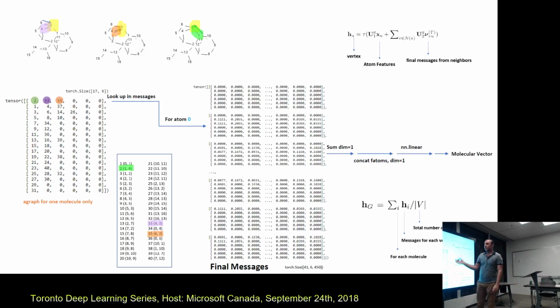Similar to the process we had before, we look up the values in the messages, same process, sum them up, concatenate, and they end up calling them molecular vectors. And in the junction tree, we used the root to figure out the belief from the network. What do we do here? So they just put these bonds together that lead to one atom?